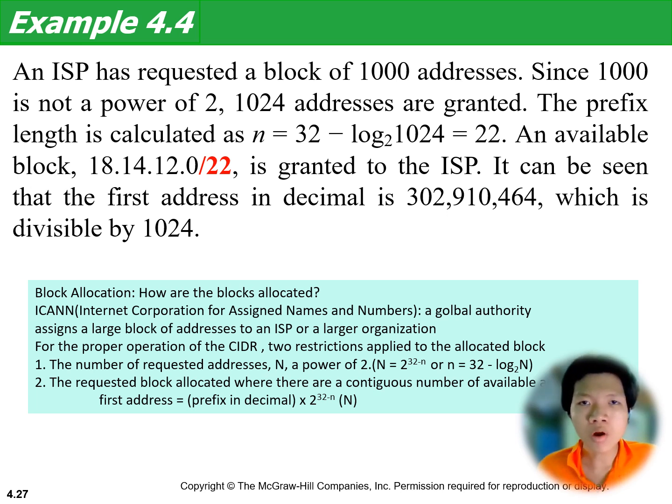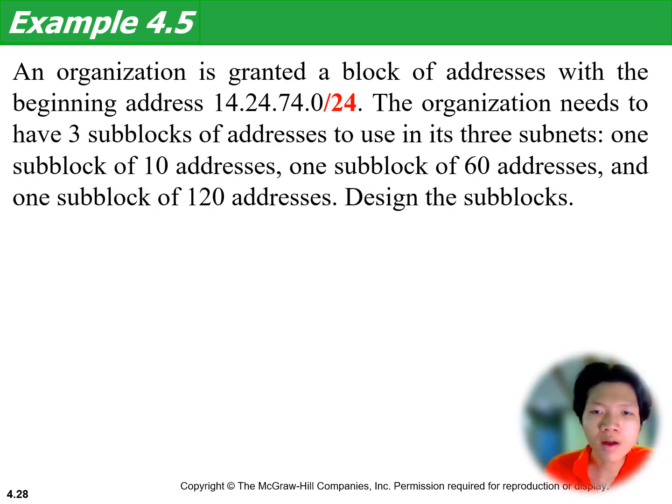An available block, 18.14.12.0/22, is granted to the ISP. It can be seen that the first address in decimal is 302,910,464, which is divisible by 1024.